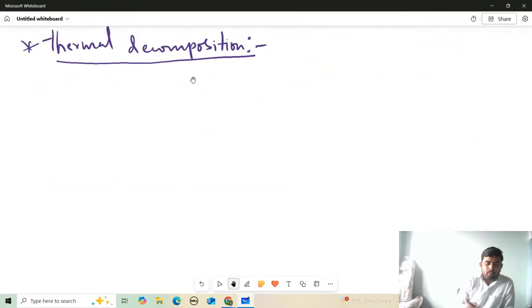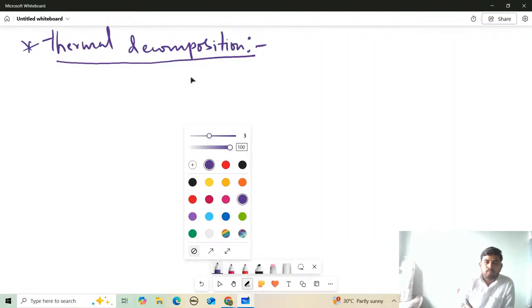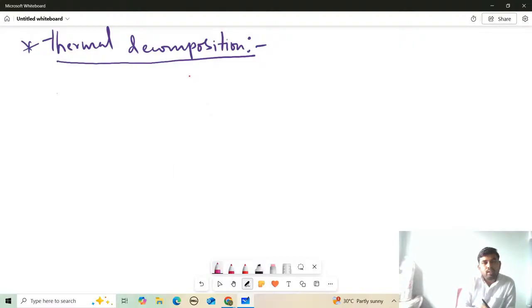So thermal decomposition. Let me write the equation. The given example is CaCO3, just now we took this example. CaCO3 forms calcium oxide plus CO2 gas.